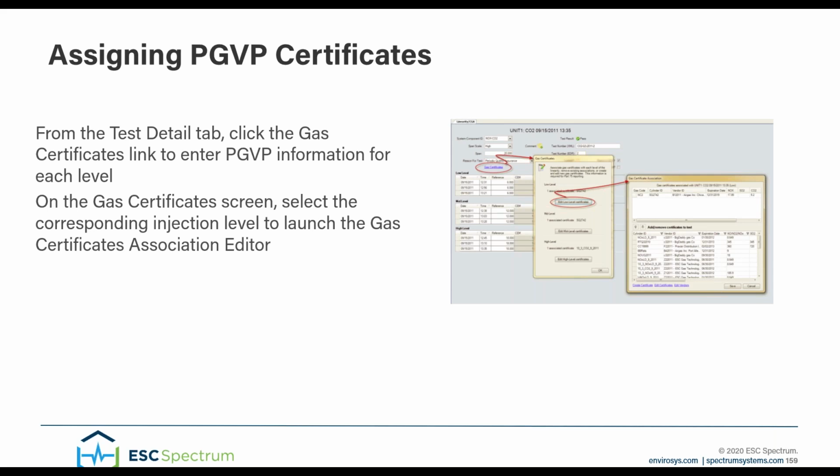We also have a link in that section that will take us into the cylinder management tool and allow us to add the cylinders at that point as well. So even though you don't have that information in there right away, there's always ways that it can get put in there and then be associated with the test.